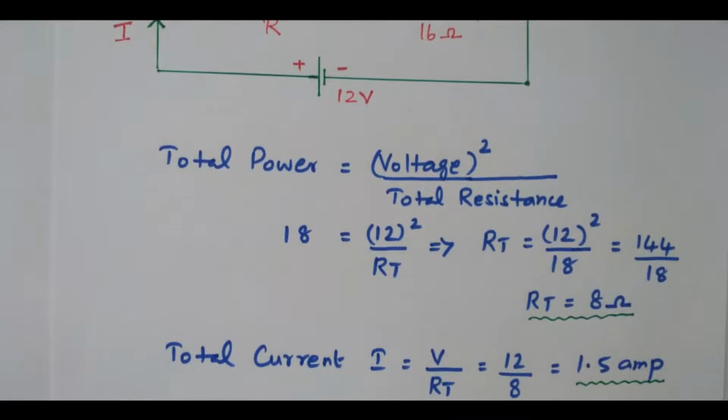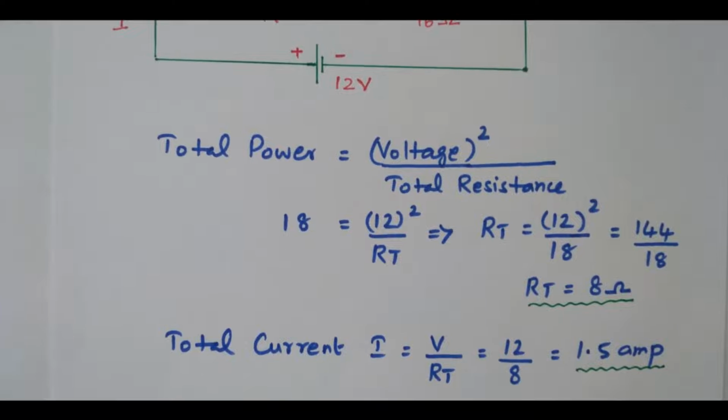Now we'll work with the total power. What is the total power formula? Two formulas are available: I square R or V square by R. Here we can use V square by R because the total power and voltage are available, so we can easily find the total resistance.